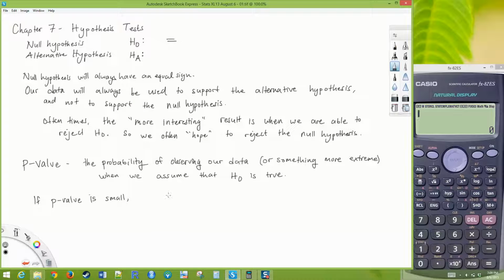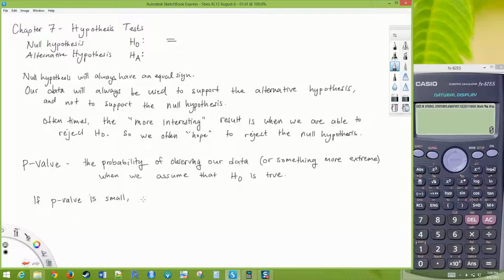If the p-value is small, that means it is unlikely for us to observe our data when the null hypothesis is true. And the fact that we did observe this data casts doubt then on the null hypothesis.